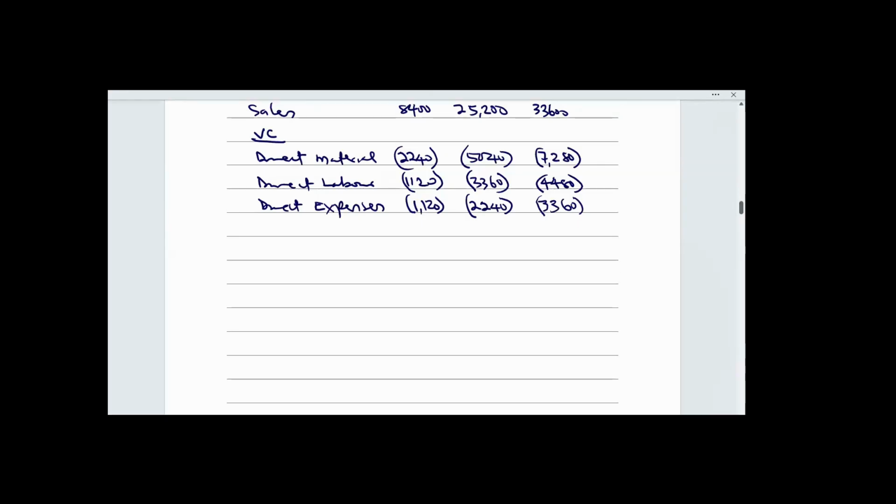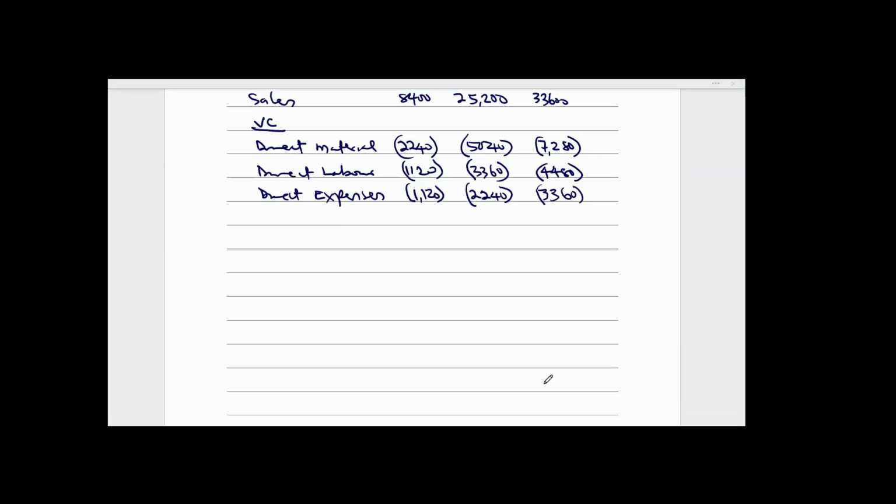So that's all. We have considered all the variable costs. In fact, to get this contribution margin, there are three different ways. Based on the information given to us in the question, there are three ways I can calculate it. But without stressing ourselves, let's just move on with this.